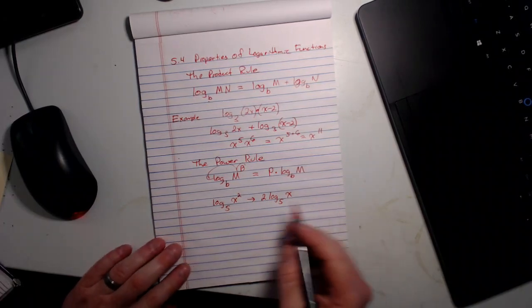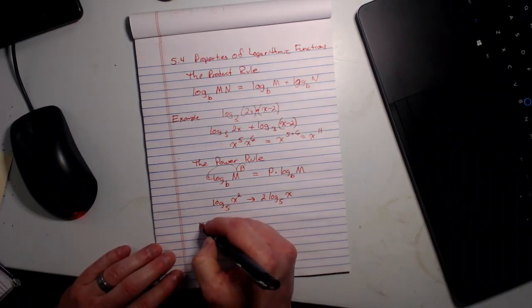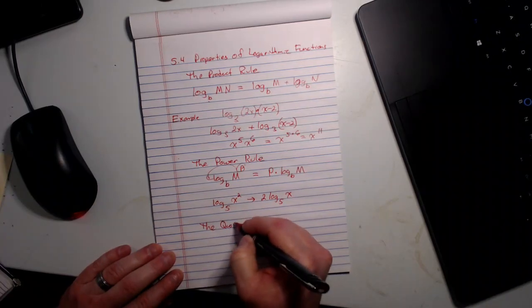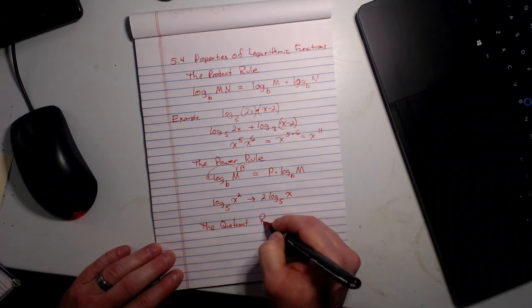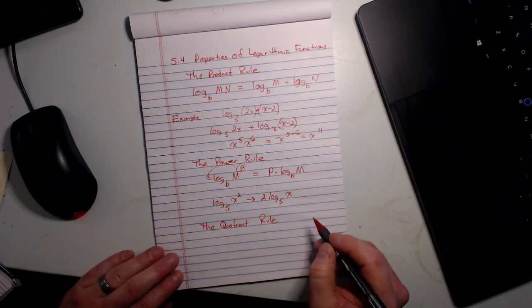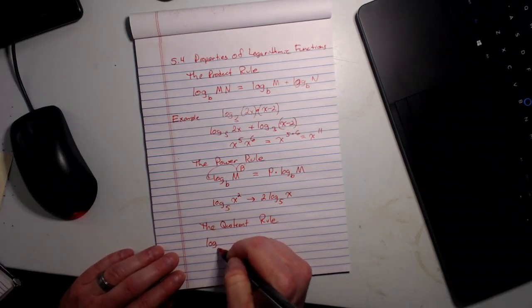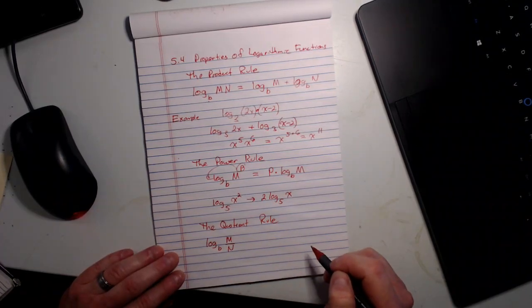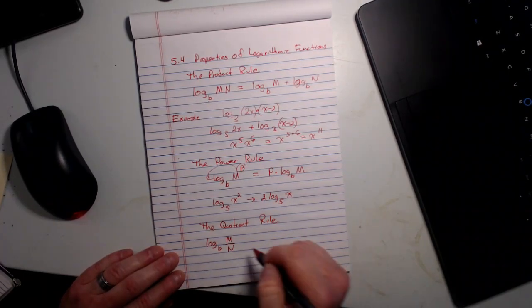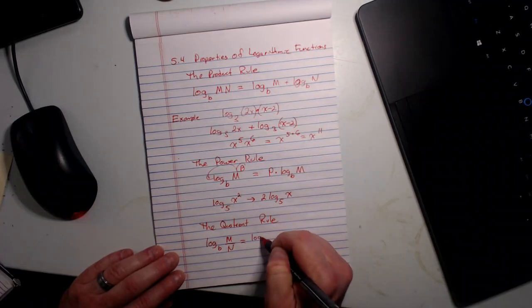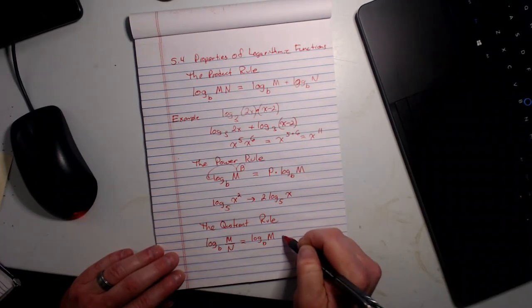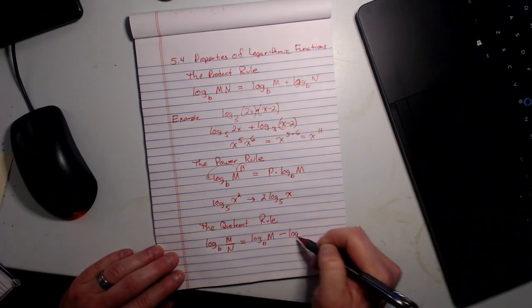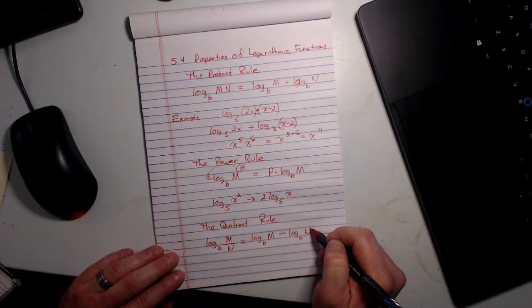And then lastly, we have the quotient rule. In the quotient rule, you have the argument in the log, two numbers that are being divided by each other. This becomes the log of the first one minus the log of the denominator n.